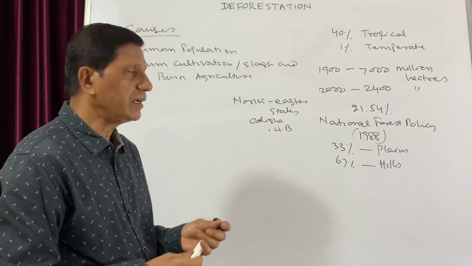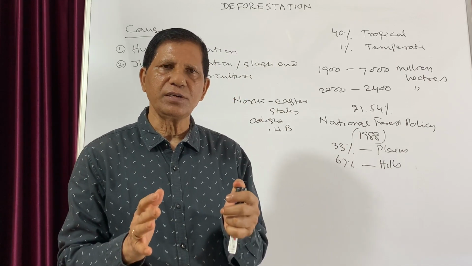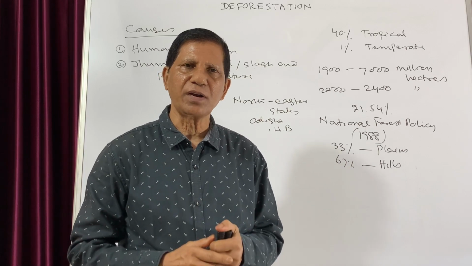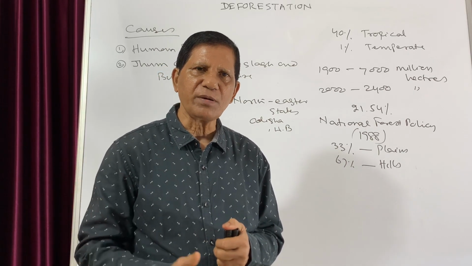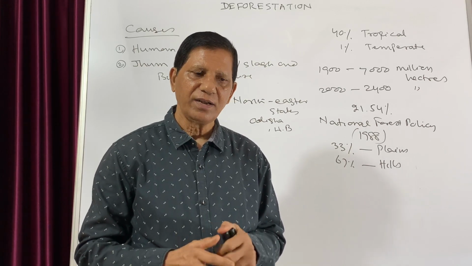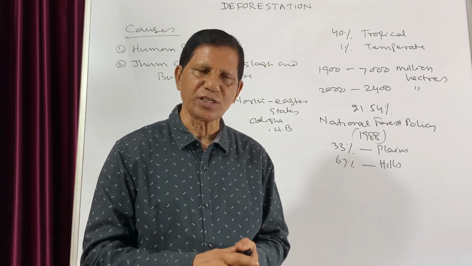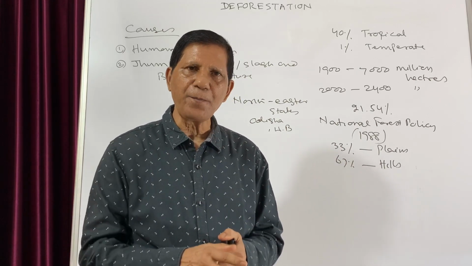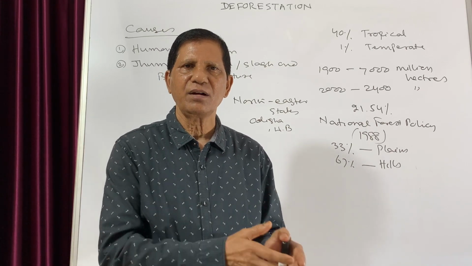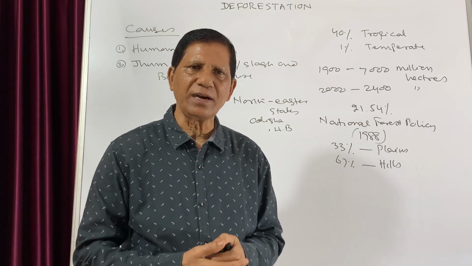So what is this jhum cultivation? Usually the farmers who inhabit the forest areas, since they don't have much agricultural land, cut several acres of trees and burn the remnants of the trees, and they collect that ash, and in that area they grow crop plants and use that ash as manure. So 2 to 3 years they will do like that.